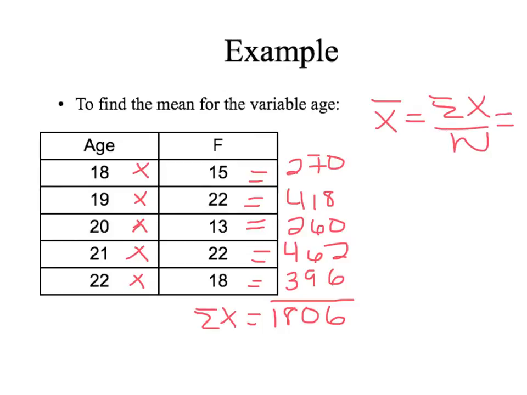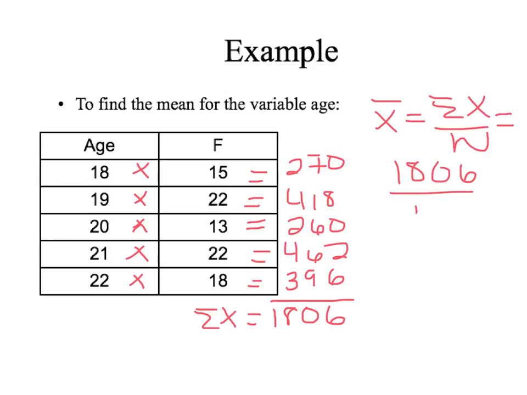And so we have 1806 divided by, and then we just have to add up our frequencies. And so we have 15 plus 22 plus 13 plus 22 plus 18. And that's going to give us 90.